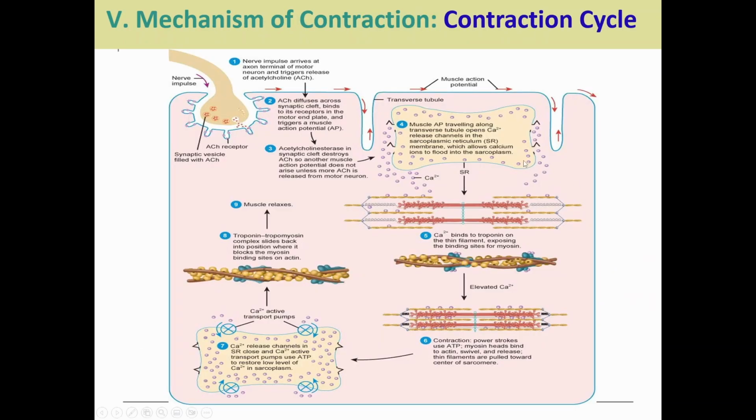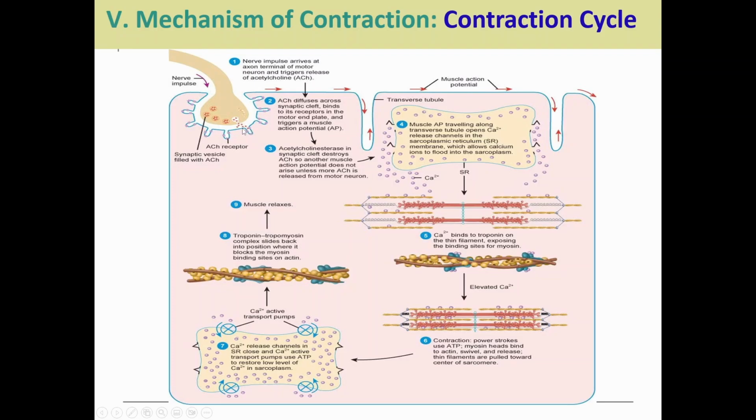So if we look at what all is going down, here is our axon terminal. As the action potential of the neuron travels down, it's going to get to the end, and then it's going to open up calcium channels. Those open, which then causes our acetylcholine vesicles to fuse and spill their contents. The acetylcholine travels across the synaptic cleft, binds with acetylcholine receptors.